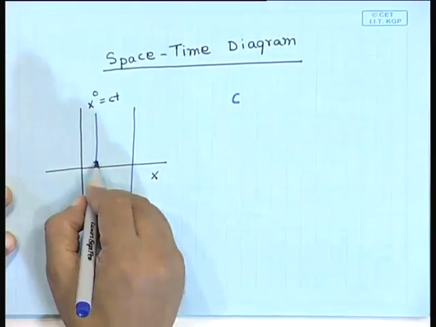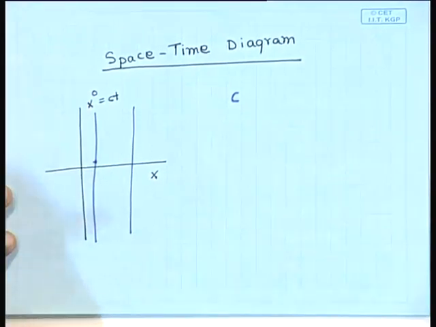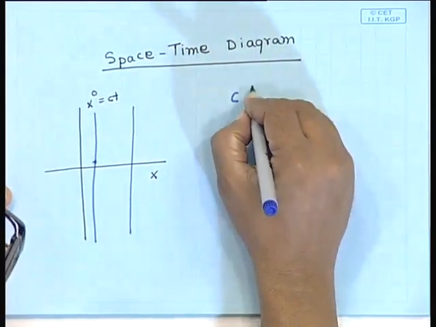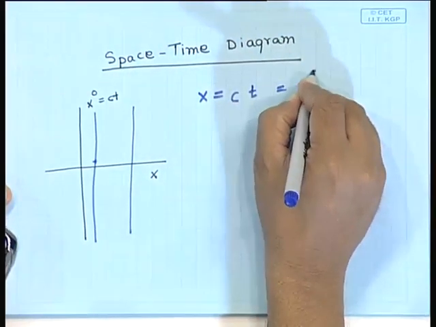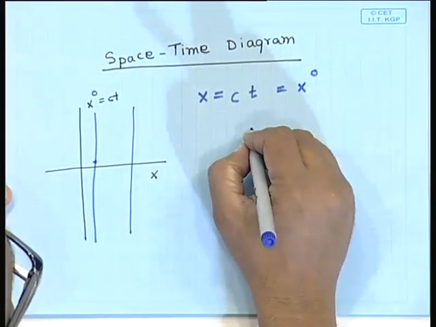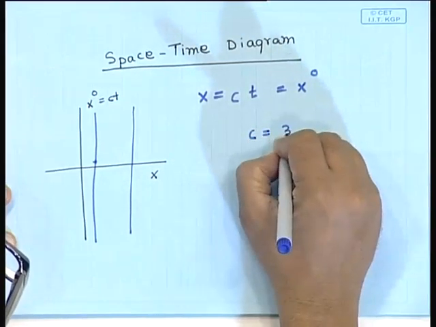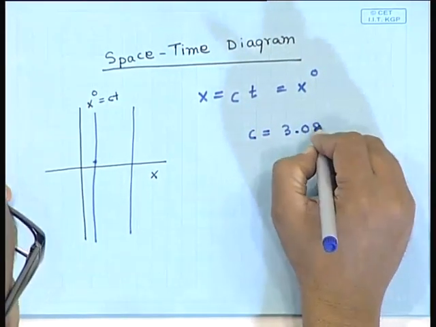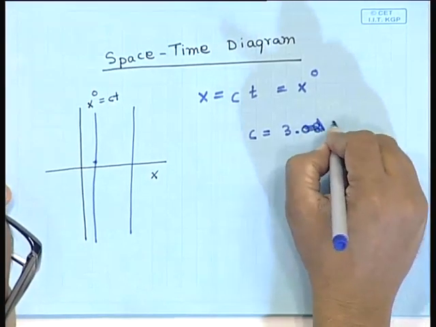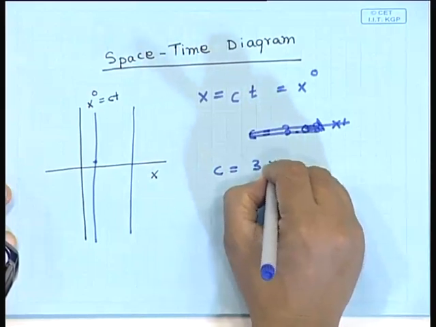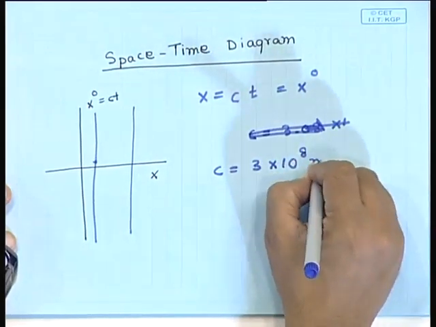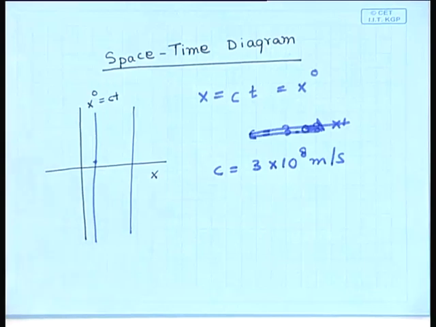So the light that is emitted from here, say he switches on a bulb, travels at the speed c, and it moves along the trajectory x equal to ct, where c we know is the speed of light, 3.0 times 10 to the power 8 meters per second. Right.